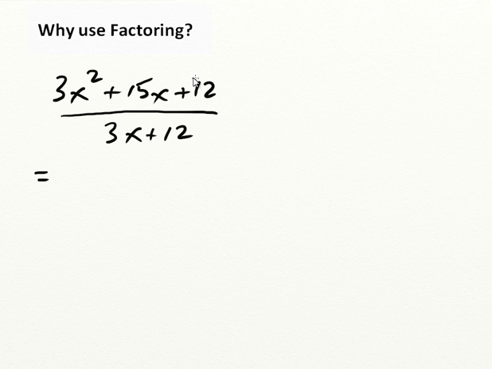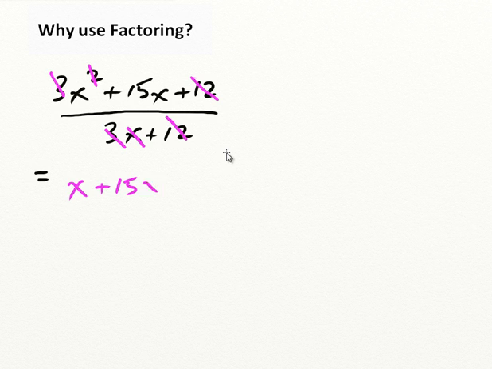You might say, okay, wait a minute. 12 cancels with 12, and the 3 cancels with the 3, and we can cancel this x with one of these x's, and we're left with x plus 15x, and there we are, all nice and simplified. And that is totally way off track and incorrect.